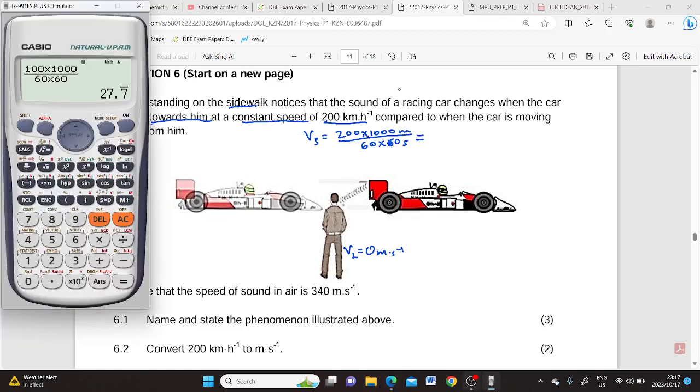So what is the calculator giving us? We can only change this to 200.